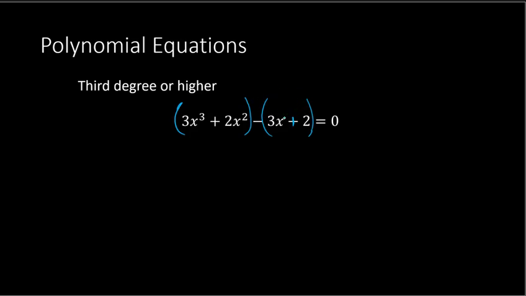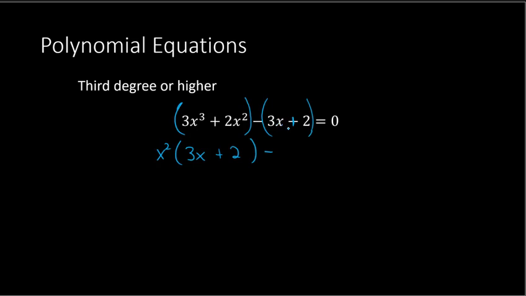All right, so from this point, what we can do is pull out from each parentheses the greatest common factor. So the first parentheses here, notice they both have an x squared in common. So I factor x squared out, and in the parentheses, I'm left with 3x and then plus 2.